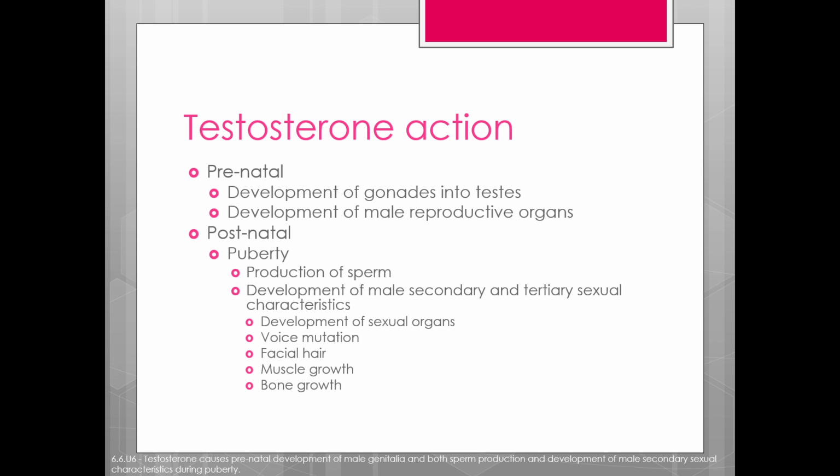Tertiary characteristics are all these features which are not directly involved in reproduction but still are typical for the given sex, like voice mutation and the timbre of voice dropping, presence of facial hair more extensive than in females, muscle growth to a bigger extent than in females, and also longer time of bone growth, which usually leads to the fact that males tend to be taller than females.